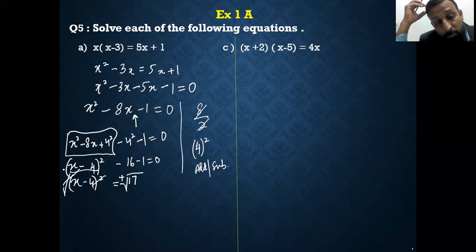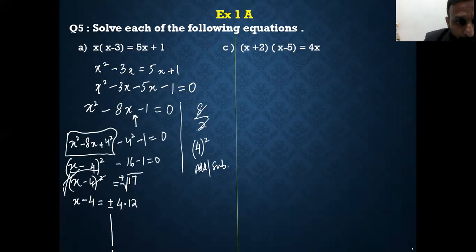Now you can use your calculator. Square root 17. So please use your calculator to find the value of square root 17, as 17 is not a perfect square, and your answer is found to be x minus 4 equals plus minus 4.12.